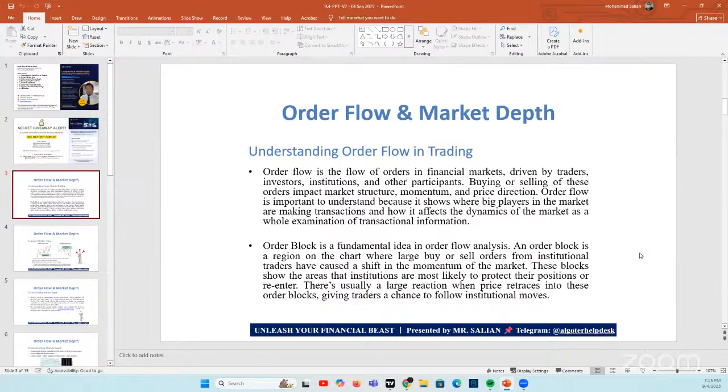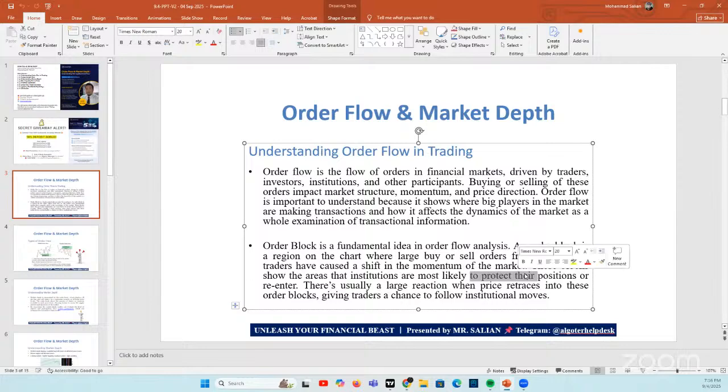That's why when you see these big candles, just like 20, 50 pips high of a candle, or sometimes it can happen also going down, there's a big red candle. This is where the large institutions have stepped in. Okay, these blocks show the areas that institutions are most likely to protect, huh?